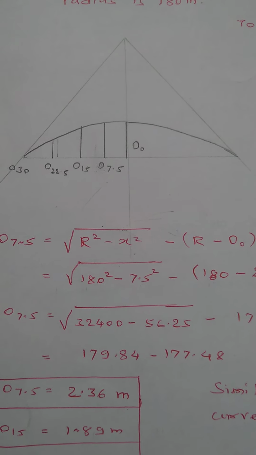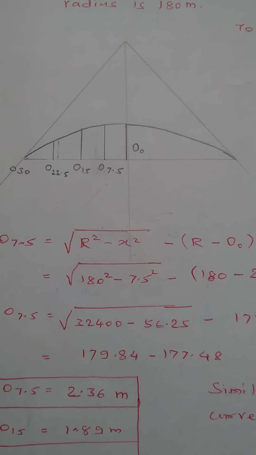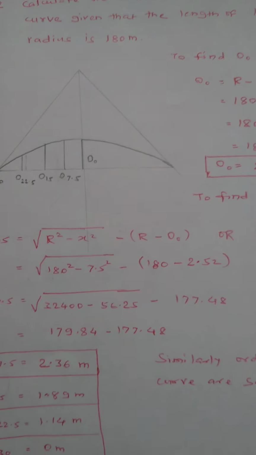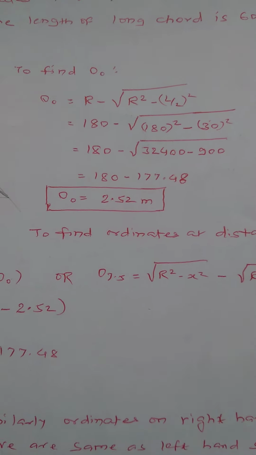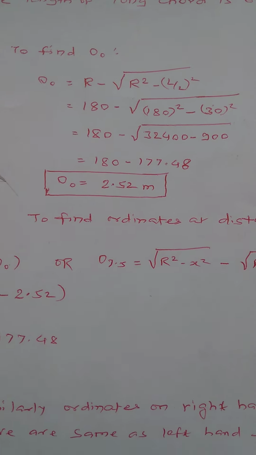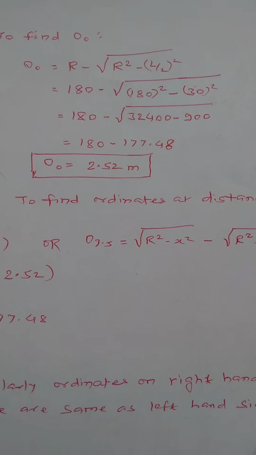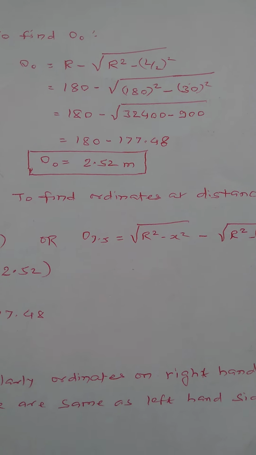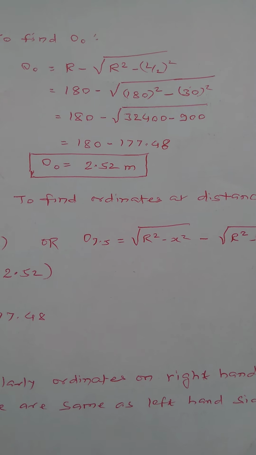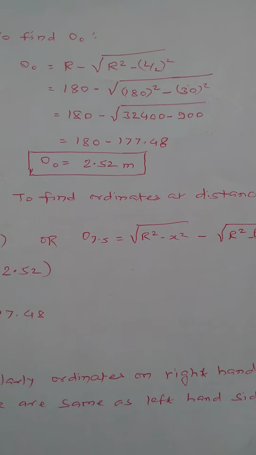First we will find the mid ordinate, that is O0. Use this formula to find the mid ordinate. Already we have seen O0 is equal to R minus under root of R square minus (L by 2) square, where L is the length of the long chord. Put all the values.